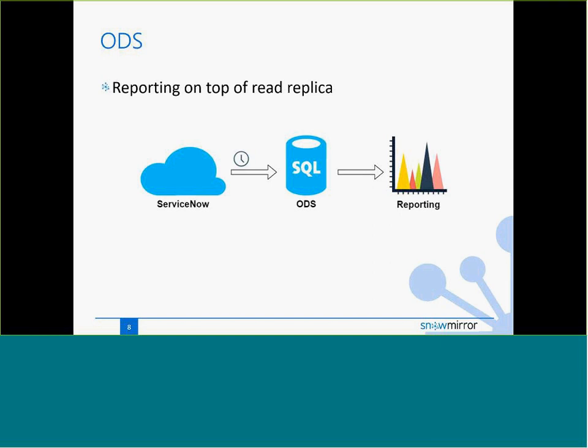So you are connecting, for example, Tableau directly to a database containing task, CMDB, CI, incident tables like that. So you have to know the ServiceNow data model in order to build your reports.